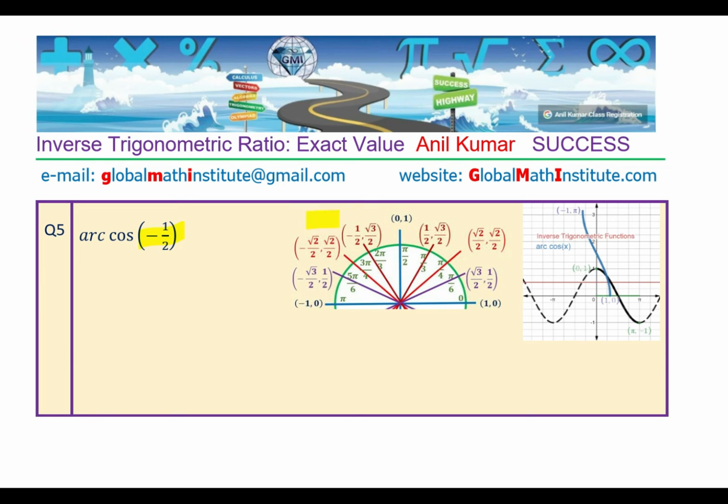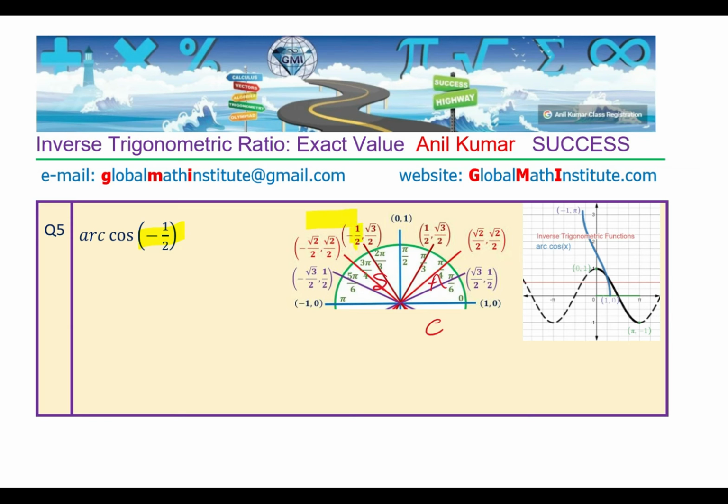Again, we are looking for something in quadrant 2 because in quadrant 2, apply the cast rule, right? In quadrant 2, only sine is positive, cosine is negative. So we are looking for x value in a unit circle being minus half, right?